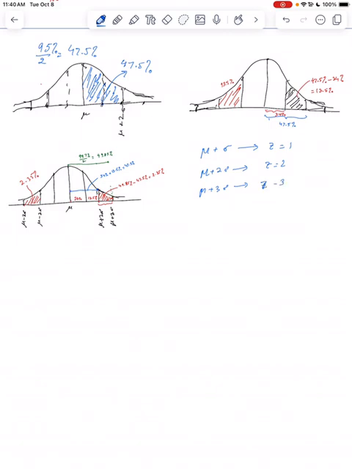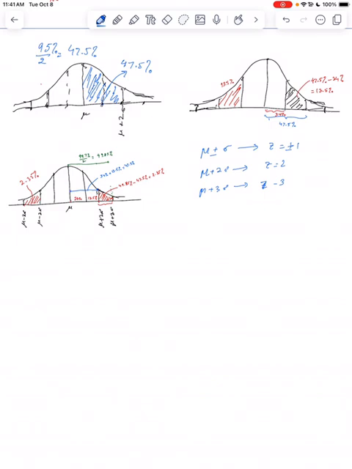In the same way, if you have a minus sign here, then z is equal to plus or minus 1. When it is mu plus sigma, you have z equal to plus 1. When it is mu minus sigma, you have z equal to negative 1.